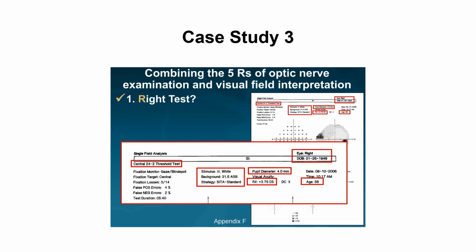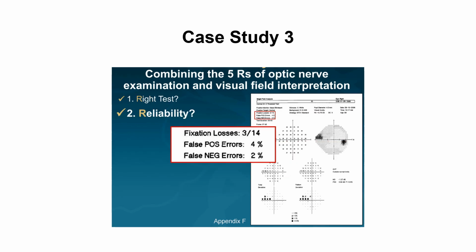However, combining these 5 Rs of the optic nerve examination with visual field interpretation, you will check that you did a visual field for this patient. You will check this is the right test, SITA 24-2. You will go through all these parameters to check that this was the right one to use. Then you will go to the reliability indices, fixation losses, false positive, false negative.